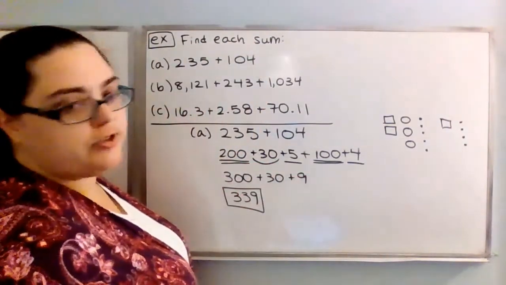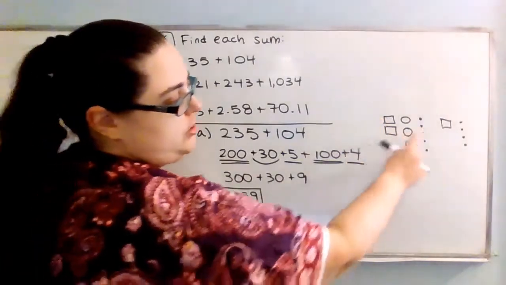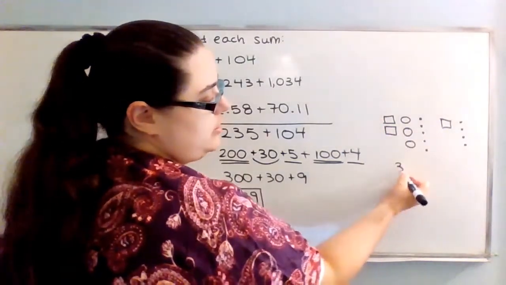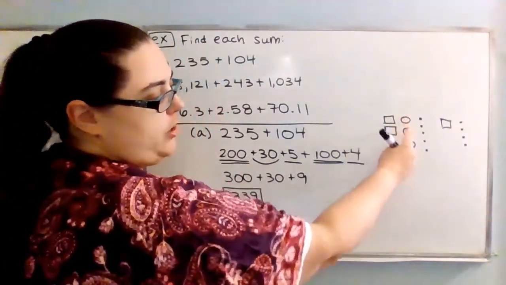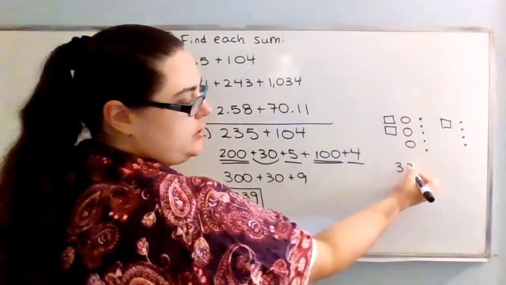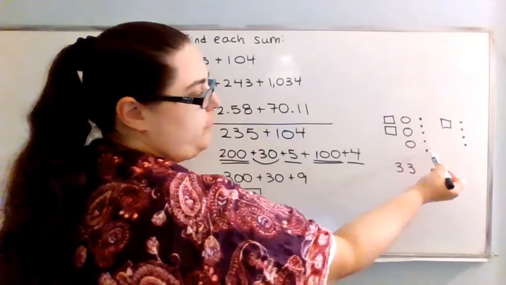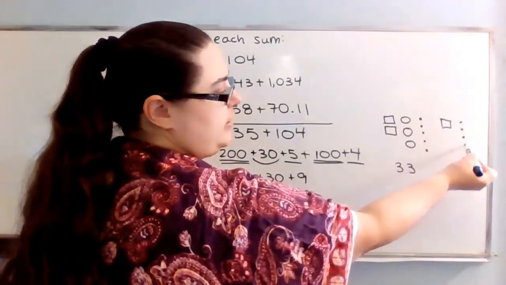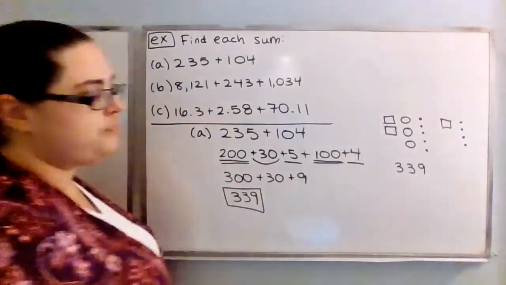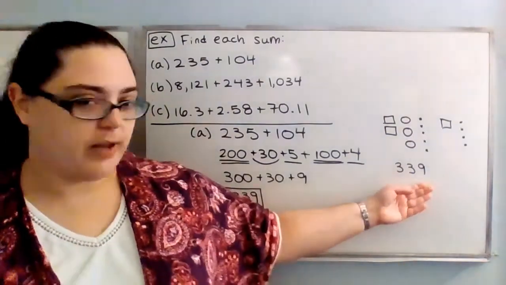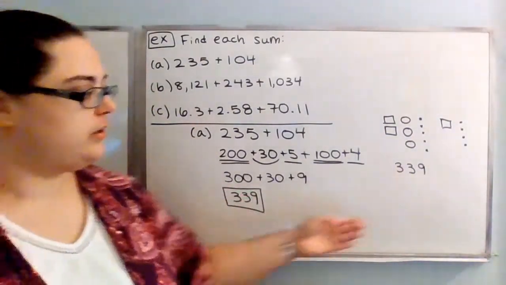All right, and then we go to combine them. I have 1, 2, 3 squares. I have 1, 2, 3 circles. And then I have 1, 2, 3, 4, 5, 6, 7, 8, 9 dots. So we end up with the same answer, 339, either way.